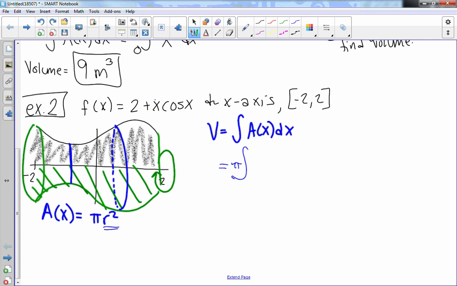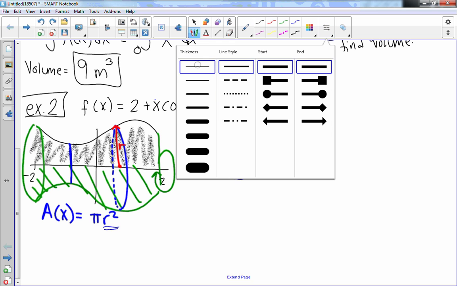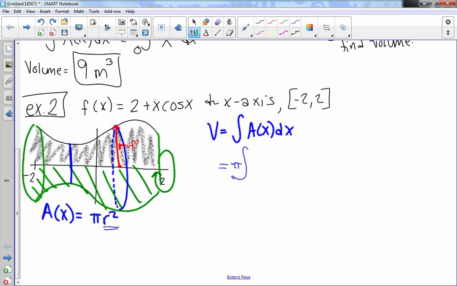What is the radius on this base? It goes from the x-axis. That's all right. It's only half, since the full distance would be the diameter of any of the cross sections. So this would be f of x, because whenever you plug in x, you get the height, which is f of x. So the radius is f of x.